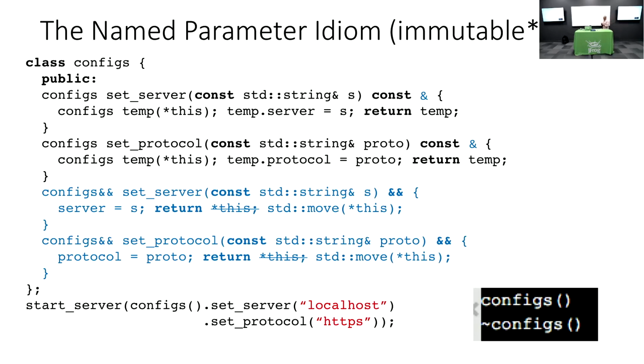So the trick is returning an rvalue reference itself, and therefore we change the return type to configs ampersand ampersand, which is an rvalue reference, and inside the implementation we return std::move of star this. So this is simply a cast at this point. The star this is actually an lvalue, but because we know we are inside an rvalue reference qualified function, the blue functions, we can safely cast it to an rvalue reference, configs ampersand ampersand.